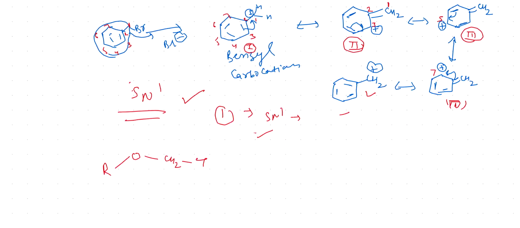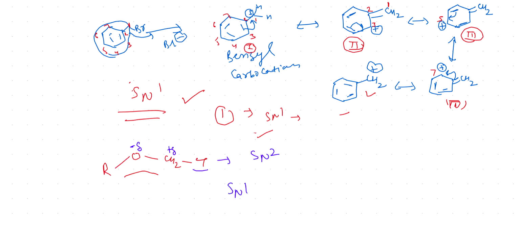Here the oxygen is partially negatively charged and the carbon is partially positively charged. Here there is no steric hindrance. The Cl is the leaving group; it will be expelled as Cl negative. So it will follow the SN2 mechanism.